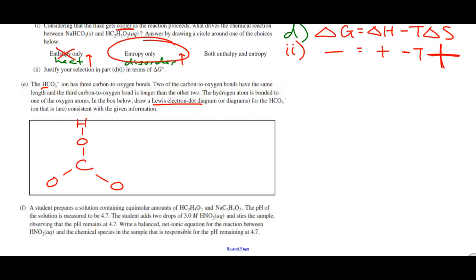So if it's saying that some of the bonds are not as long as others, I can't break octets, so O's usually only bond twice. But carbons bond 4 times. I only see 3 bonds. So I'm assuming there's a double bond there. They kind of tipped their hand when they said that there might be more than one drawing. And a resonance structure usually has a double bond that is moving around.